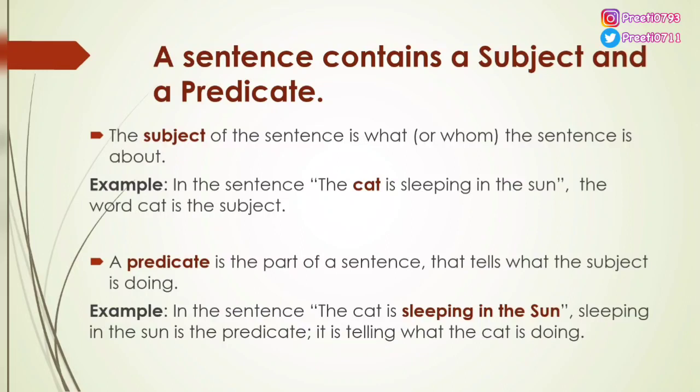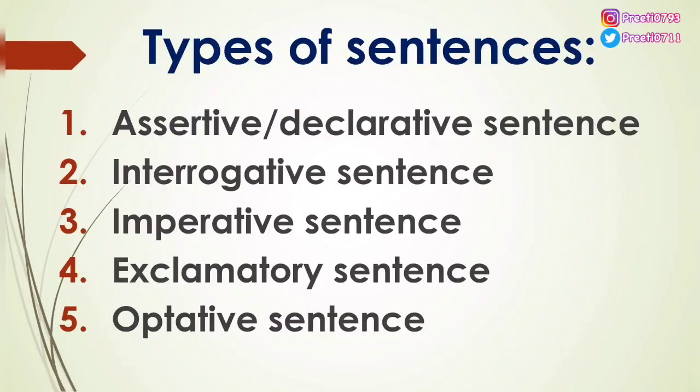So sleeping in the sun, this phrase of the sentence becomes the predicate. So there are two parts in a sentence, subject and predicate. Subject tells us who is being talked about, and predicate tells us what the subject is doing. Now let us look at the types of sentences.